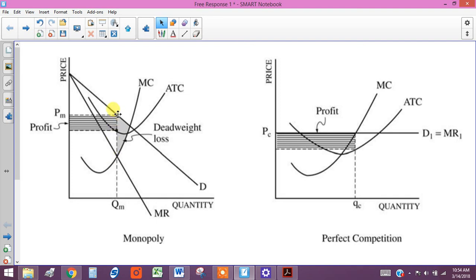And the top point of the triangle is where price equals demand right here on the demand curve. So this is your triangle of deadweight loss that you want to make sure you shade in a bit, if you can, differently from how you shaded in your profit, and then you want to make sure that you label it. Okay? Make sure that you're very clear in your labeling.